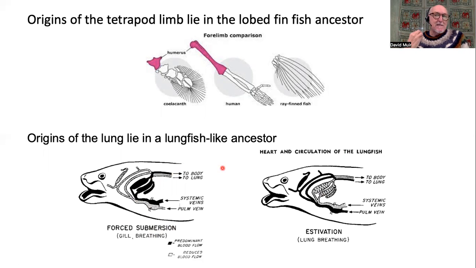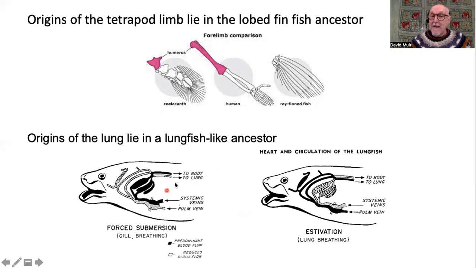If oxygen becomes depleted in the water, as happens when the freshwater ponds they live in get hot, the oxygen levels plummet, and you'll see the lungfish coming up to the surface to take great gulps of air. And when they do so, they switch on another circulatory pathway, which goes through the lungs.